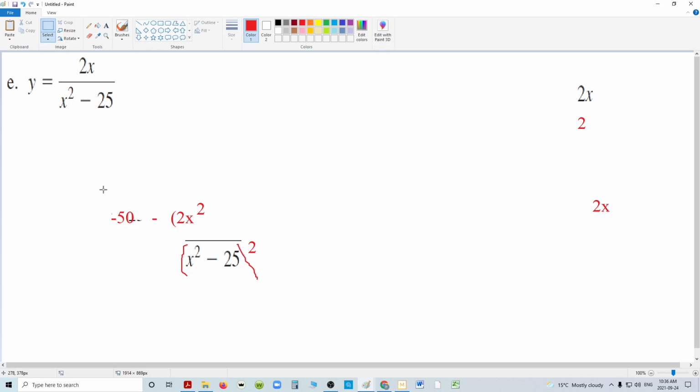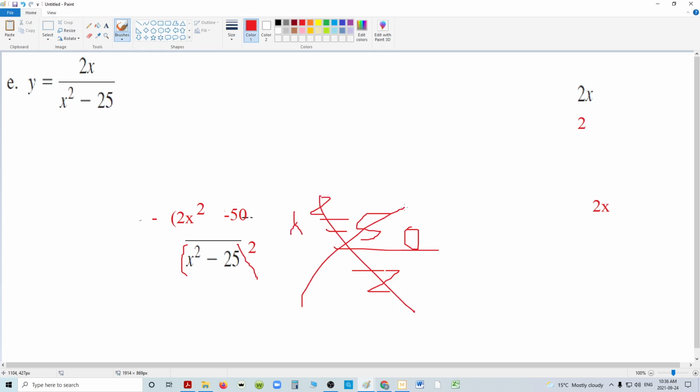Or rearranged, minus 2x squared minus 50. When you set that to 0, you discover, and I hope I got the derivative right, you discover 50 over minus 2 is equal to x squared, and you realize, no, there's no max. Because you can't have x squared equal a minus number.